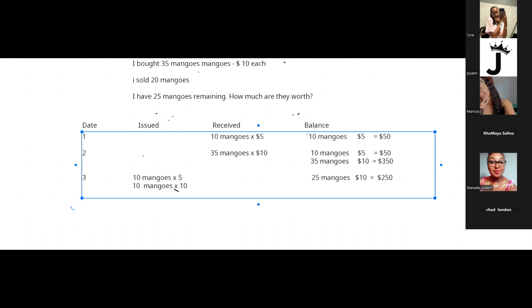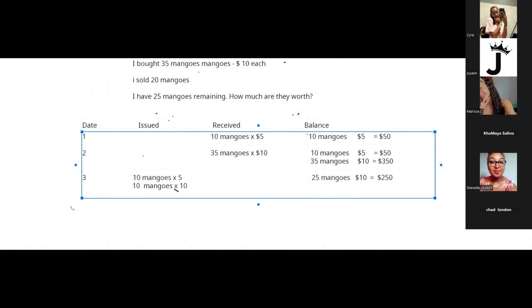I still have the 10 mangoes from before at $5 each, which was 50. And then how much would I have remaining from the 35? 15 mangoes remaining from the 35 at $10 each, which is 150.